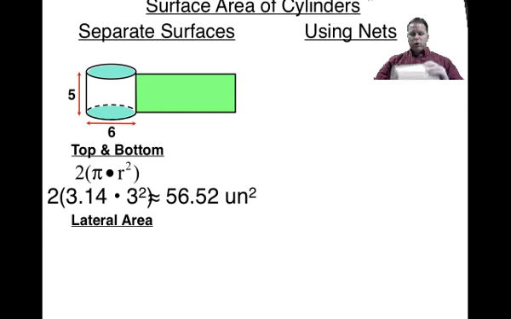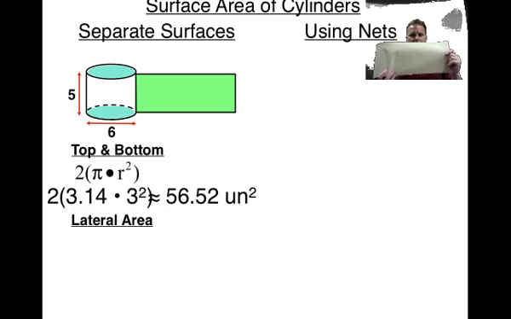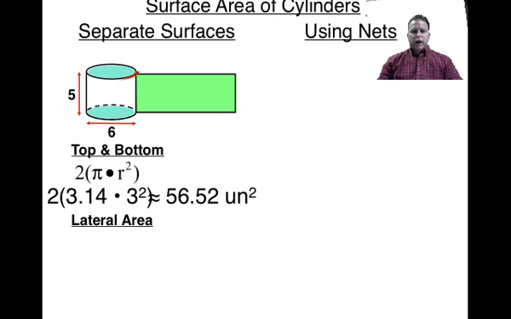Well, if we were to unroll this roll of paper towels, notice that we get a rectangle. The height of the rectangle is going to be 5, but remember I unrolled the paper towels, so that's the circumference of a circle. And circumference is equal to pi times d.